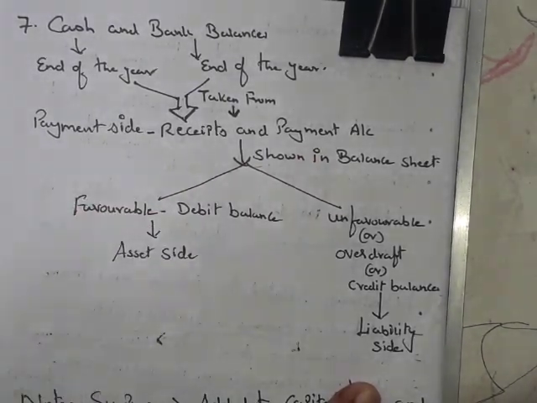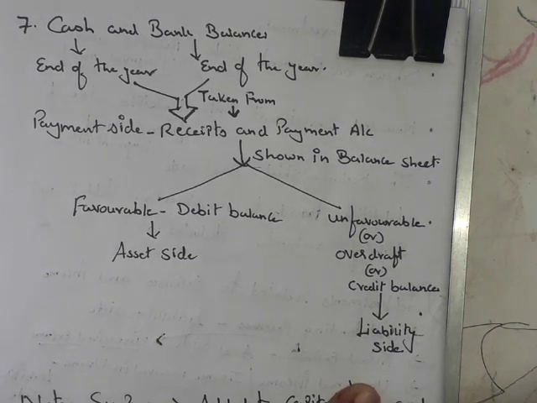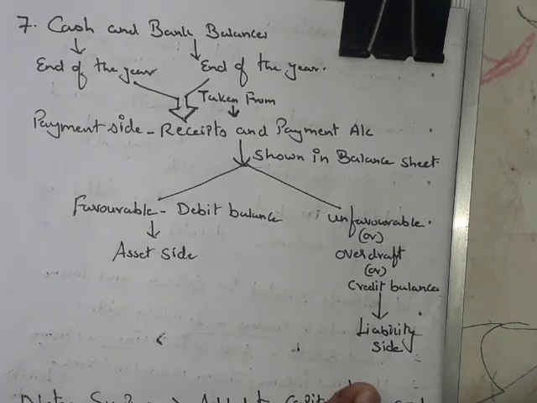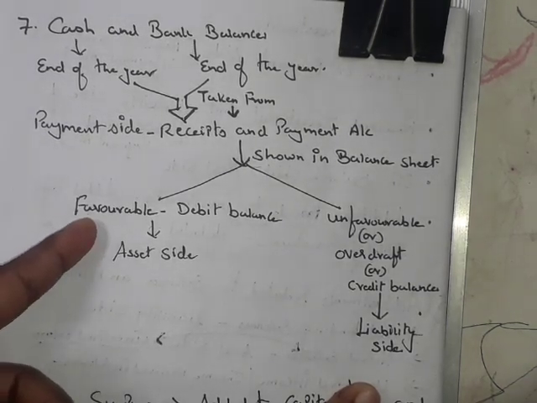And the balance can show either favorable or unfavorable. Suppose your receipts and payment account shows a debit balance, which means your receipt side is more when compared to your payment side, then that's called a debit balance, which is a favorable balance.